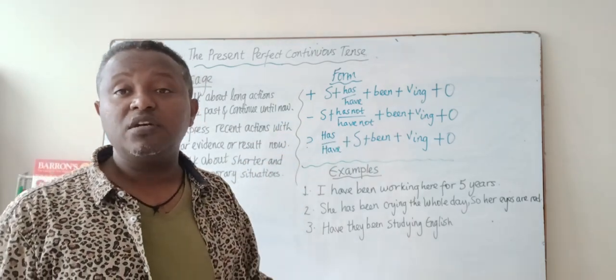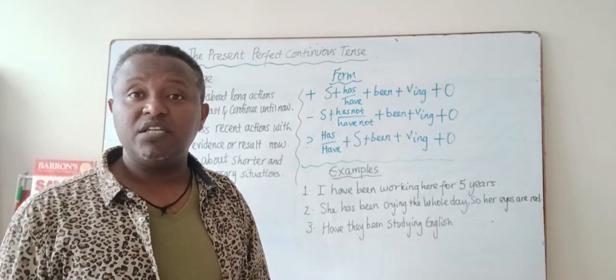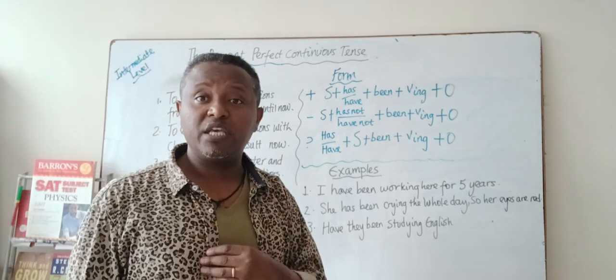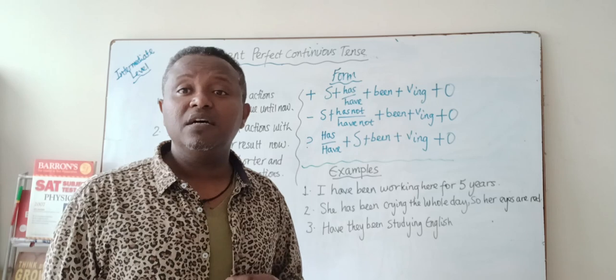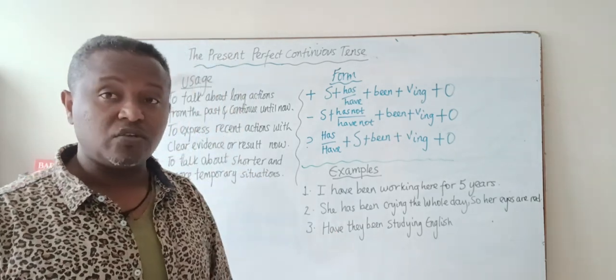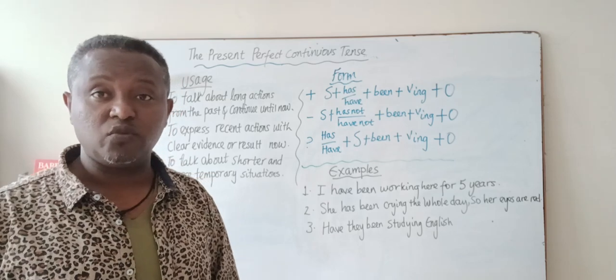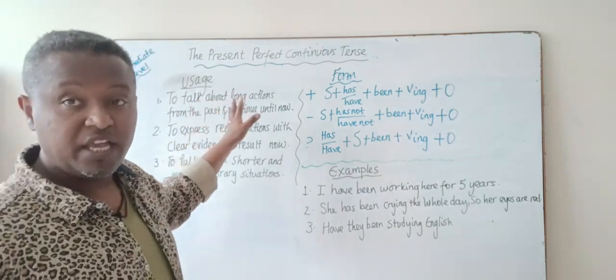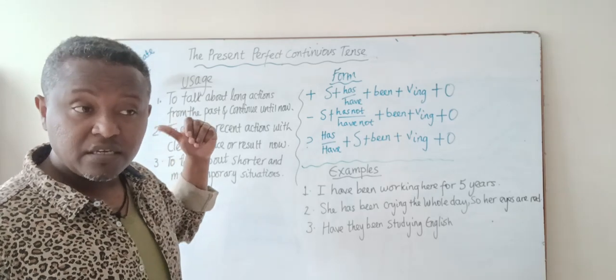So we use the present perfect continuous to talk about that as well. I have been working as an English teacher for nearly 20 years now. So that is the first function, to talk about long actions from the past that continued until now.